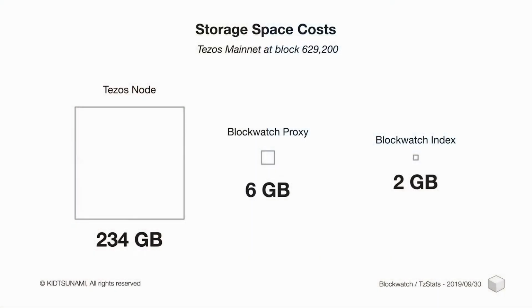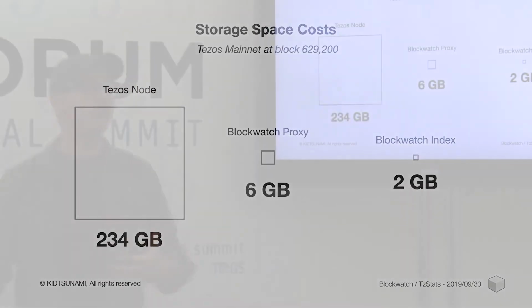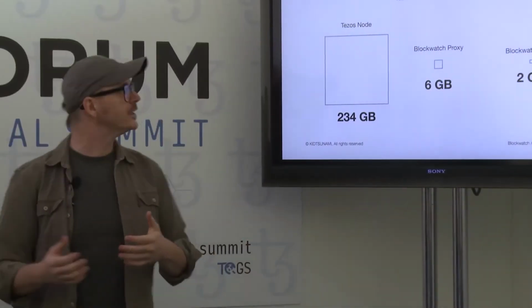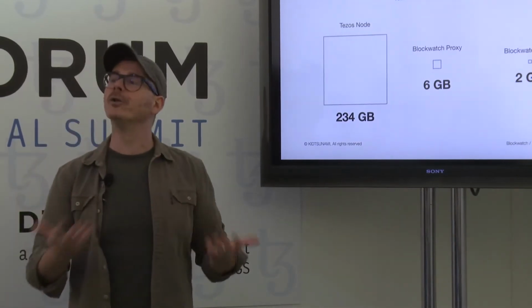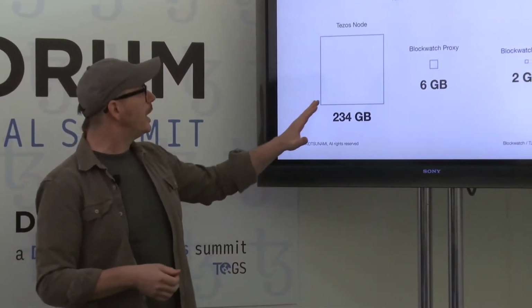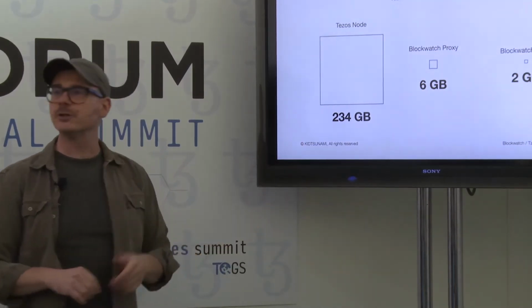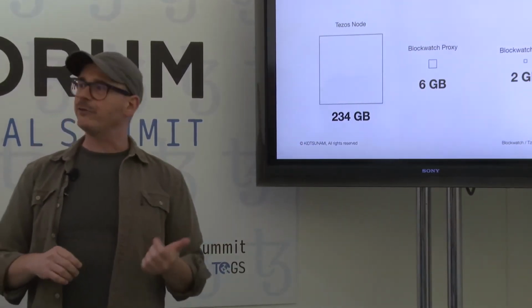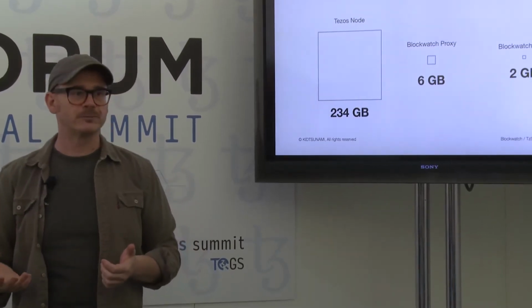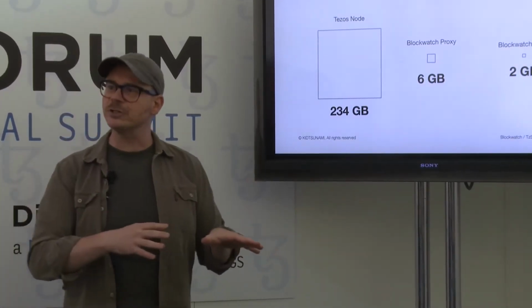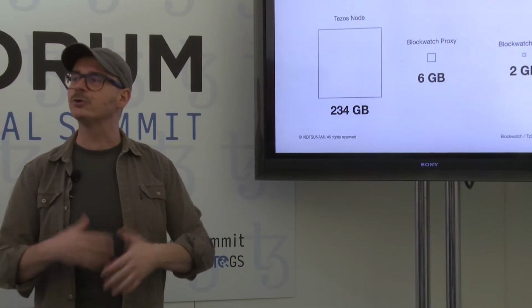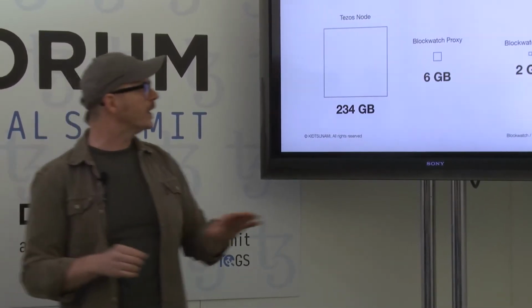Let's look at the storage costs. I don't have comparison numbers for Conceal or libindexer because I didn't run them. But what I have is numbers looking at my own implementations. A Tezos node yesterday night, a full archive node, uses 234 gigabytes of storage. That's a little bit inefficient because they don't do pruning, they don't do garbage collection, but that's fine.